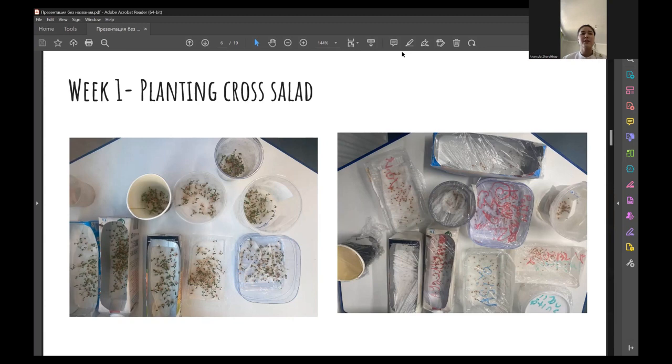When I was learning German, I was invited to a workshop on planting cress salad, and I went there just to practice my German, but it was really interesting how the Germans can use recycled objects, for example, for planting cress salad. And cress salad is very easy. It's really easy to grow.